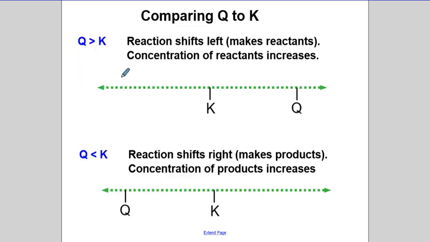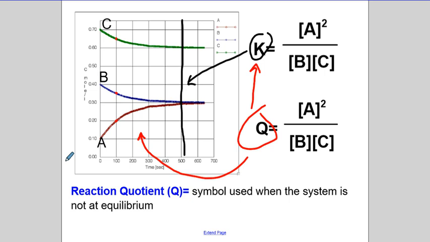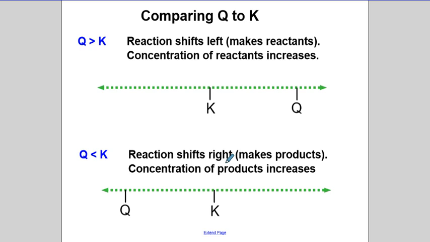So if Q is greater than K, then we say that this reaction needs to shift left. It needs to make reactants. That means that on a graph, the reactants will need to increase and the products would need to decrease. This is showing the opposite right now, but we'll talk about that. So if Q is greater than K, it needs to shift left.